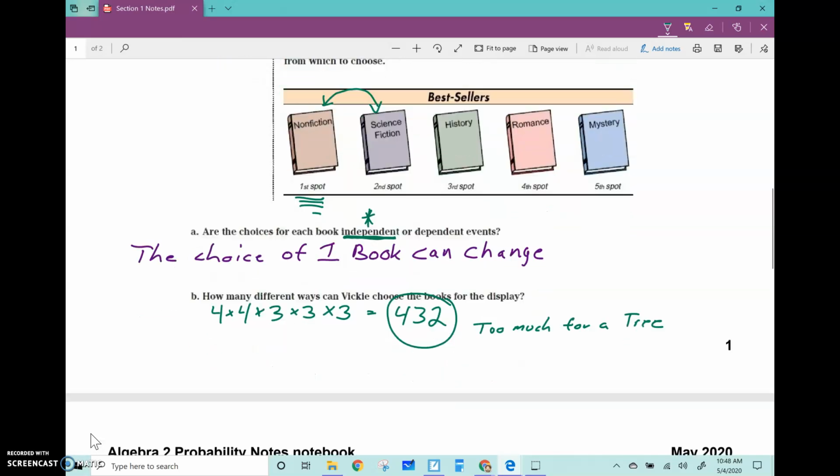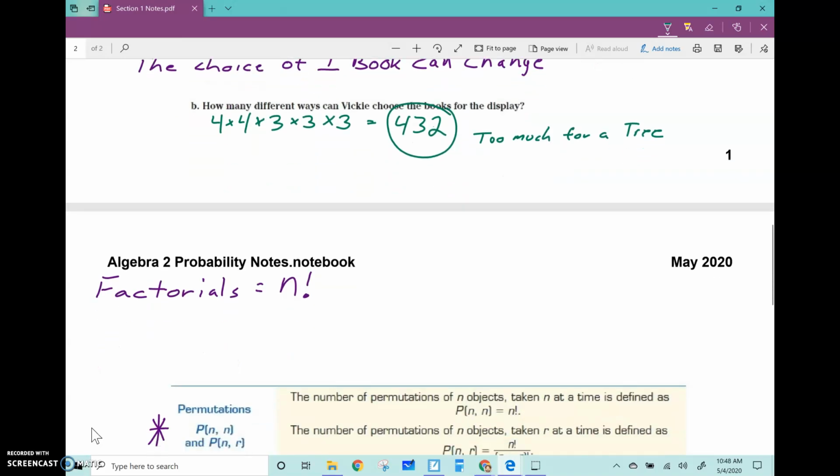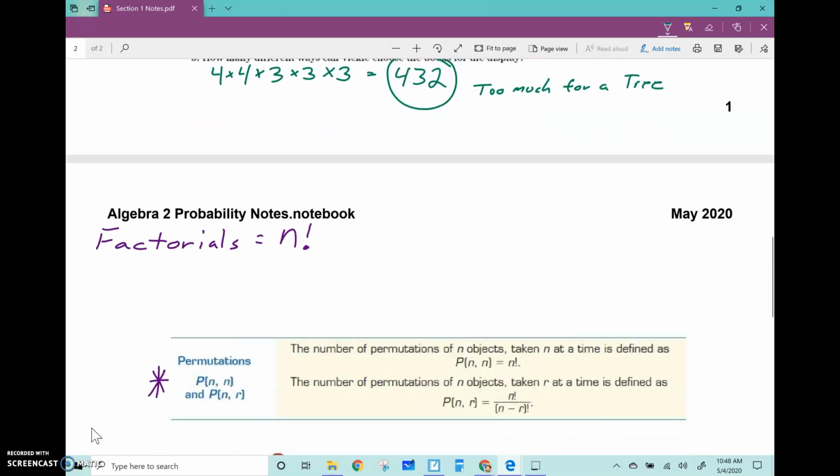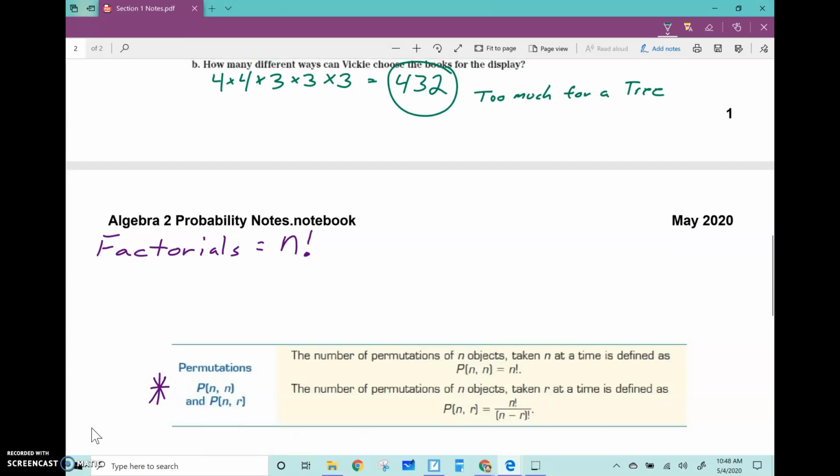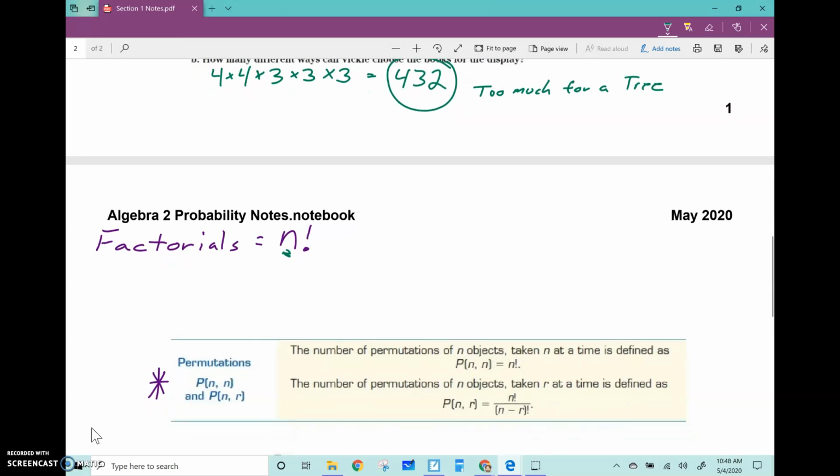Okay, moving forward, factorials. Factorials might have been something you saw back at the end of Algebra 1 or in geometry, or at the beginning of Algebra 2. A factorial takes a number. For example, I'm going to say 7 factorial. You just have to expand that in sequence.